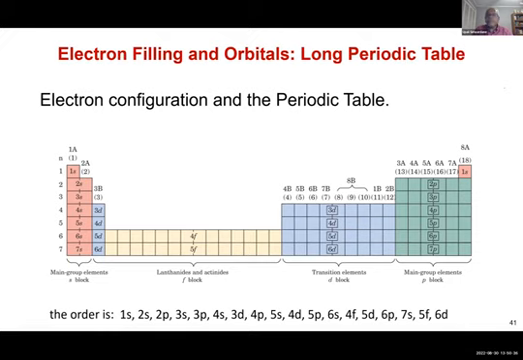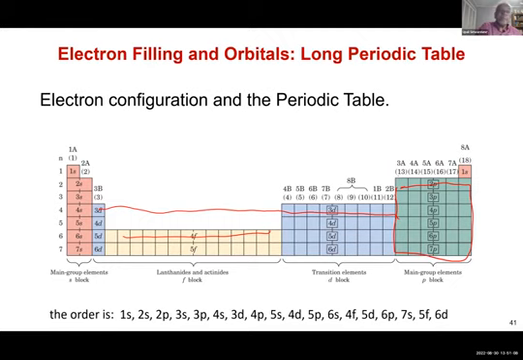The first 2 columns are S shapes, the blue ones are D shapes, the yellow ones are F shapes, and the P's are right here, 6 of them.